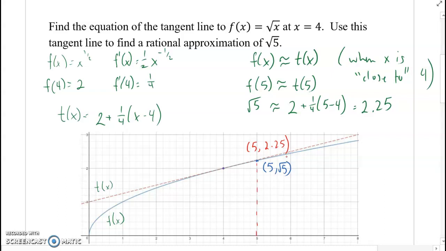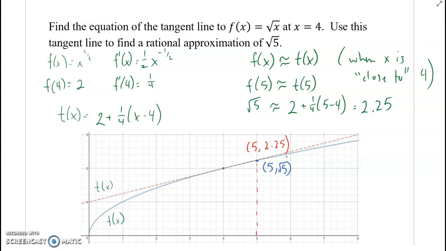And look at how close those 2 points are. You really can't see much of a difference between them. If you look very closely, you can see that perhaps the 2.25 is just a bit of an overestimation. But this is a very quick and easy calculation that we can get to get a pretty decent approximation for the square root of 5.